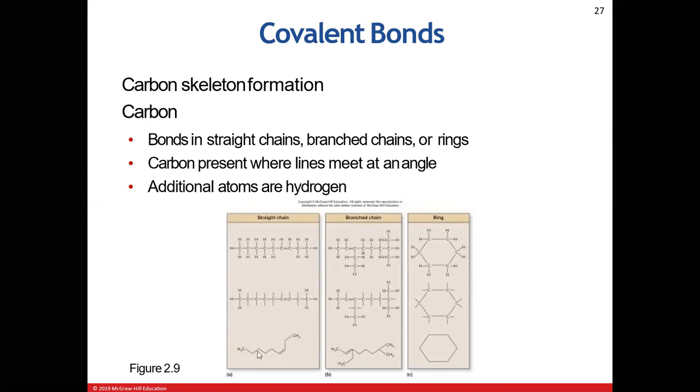Or we can have this kind of drawing down here, in which case each point indicates a carbon atom. This indicates a double bond, and then here you can see at the very end we have our methyl groups. And that goes the same way with our branch chains down here, as well as our ring structures.